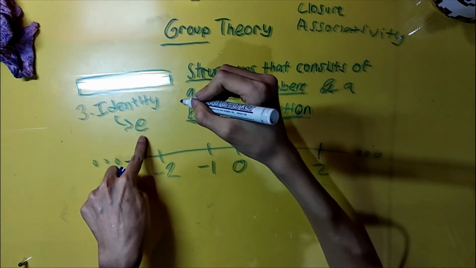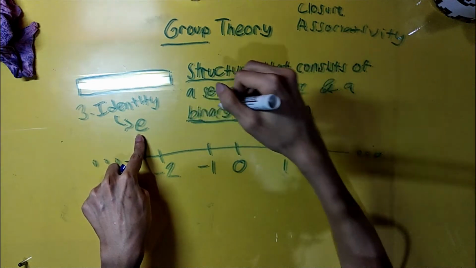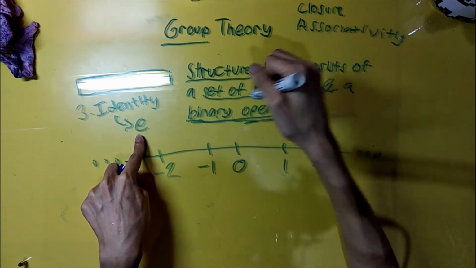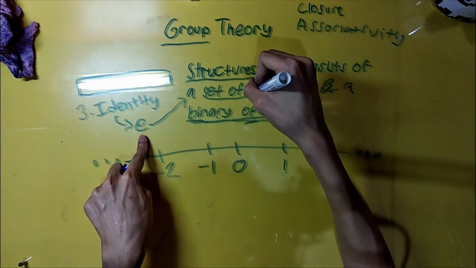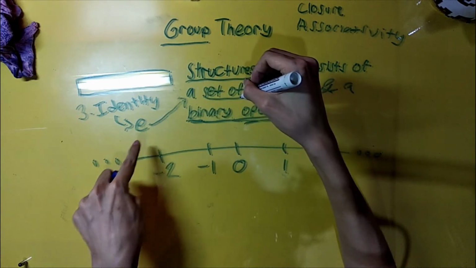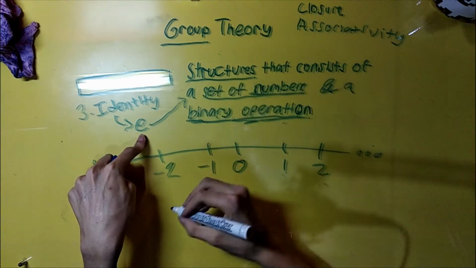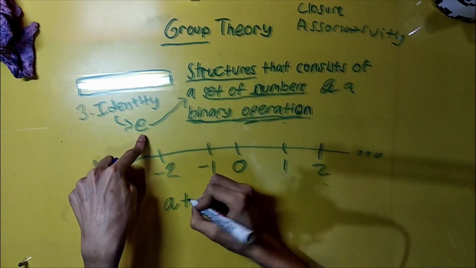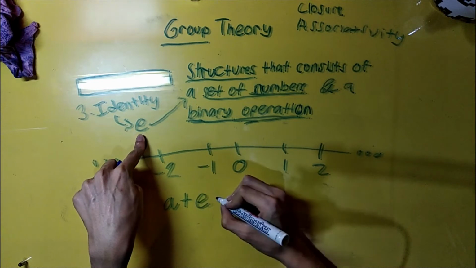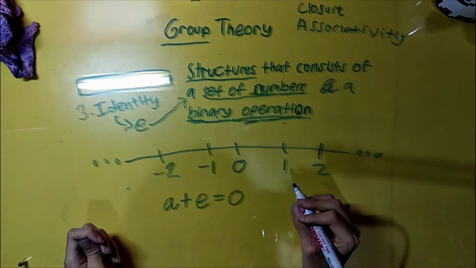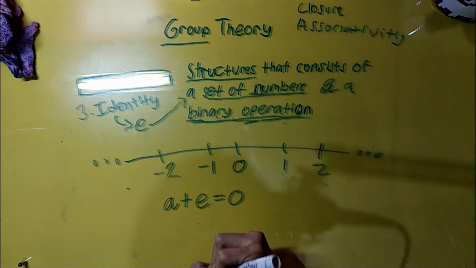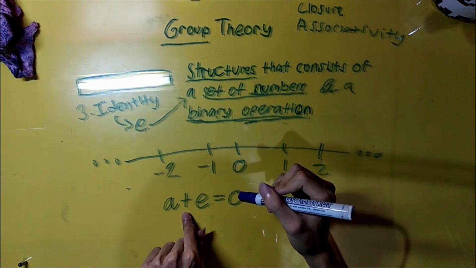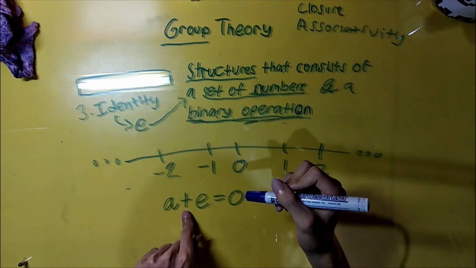There must exist a number E that satisfies a following property, and this E is within this set of numbers. That is, if you take any number and add it with this specific number, it's going to do absolutely nothing. Alright? So I chose addition as a binary operation here as an example.